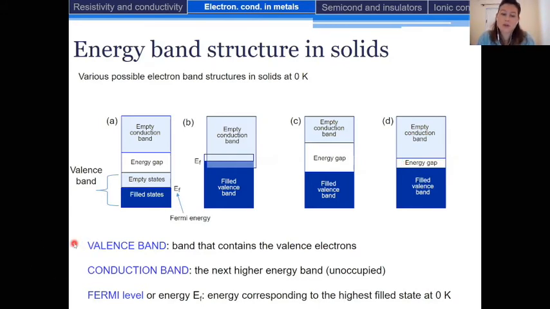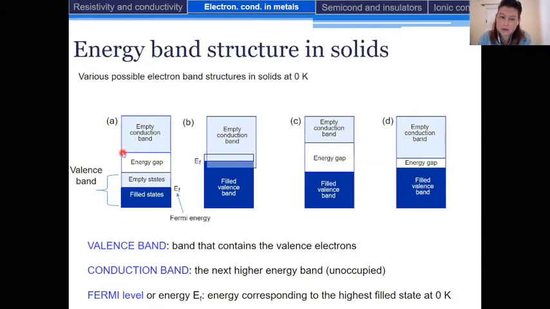After that, we have the conduction band. The conduction band is the next higher energy band that is unoccupied at 0 Kelvin. So if the valence band is that one, the conduction band will be that one.